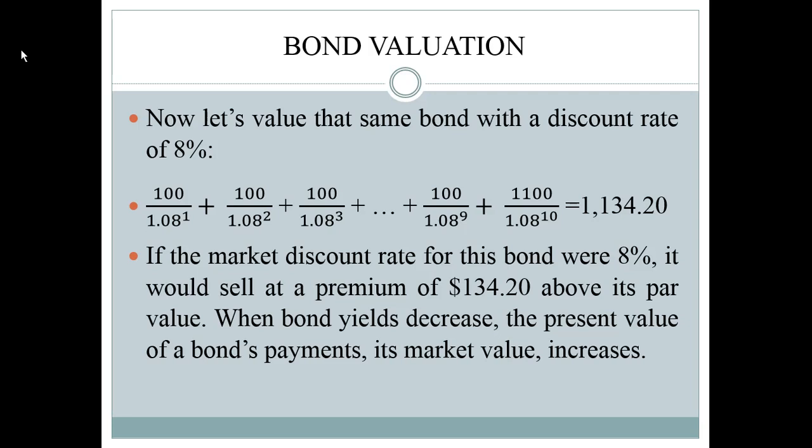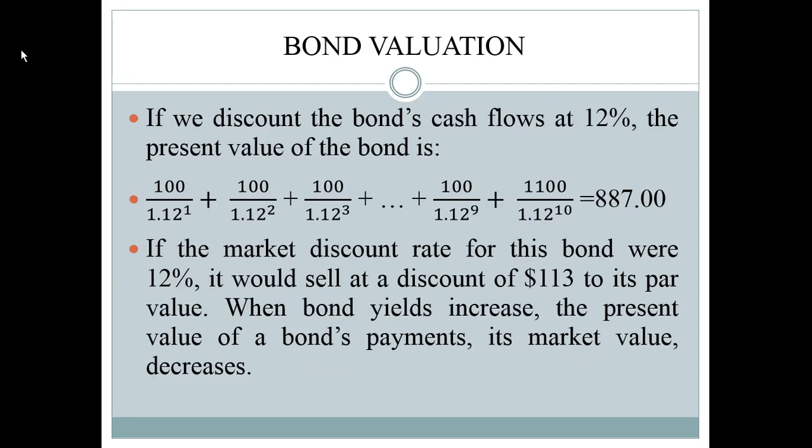A premium of $134.20 above its par value. When the bond yield decreases, the present value of the bond's payments increases, so its market value increases. And then for the same bond, we are now going to assume that the discount rate is 12%.